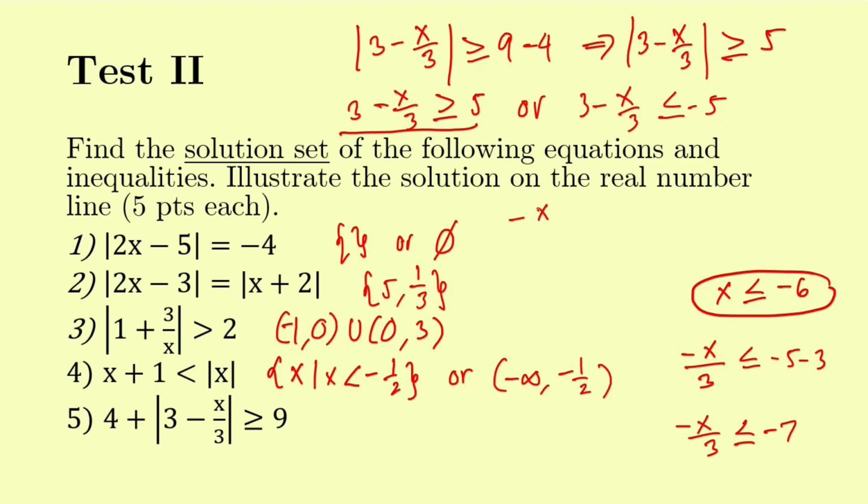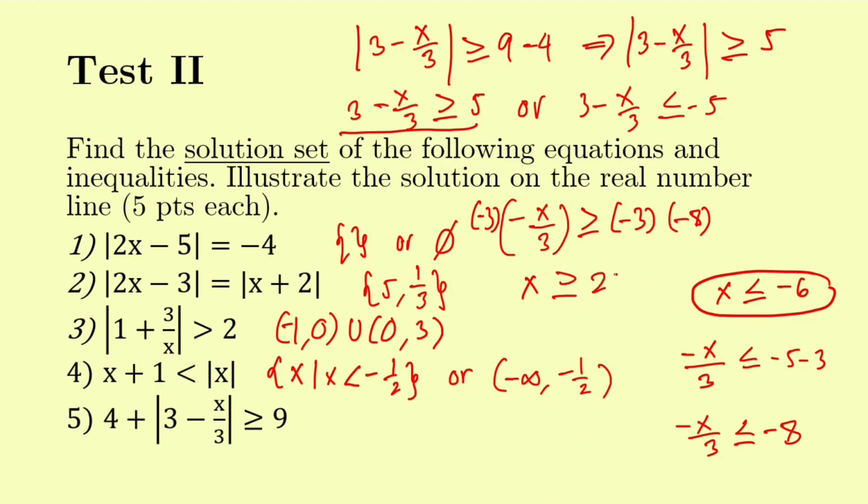Negative x over 3, multiply natin si negative 3 ulit. That will become greater than or equal to negative 3 times negative 7. Ay, wait. Correction. Negative 5 minus 3 is supposed to be negative 8. So that means negative 8 yan.